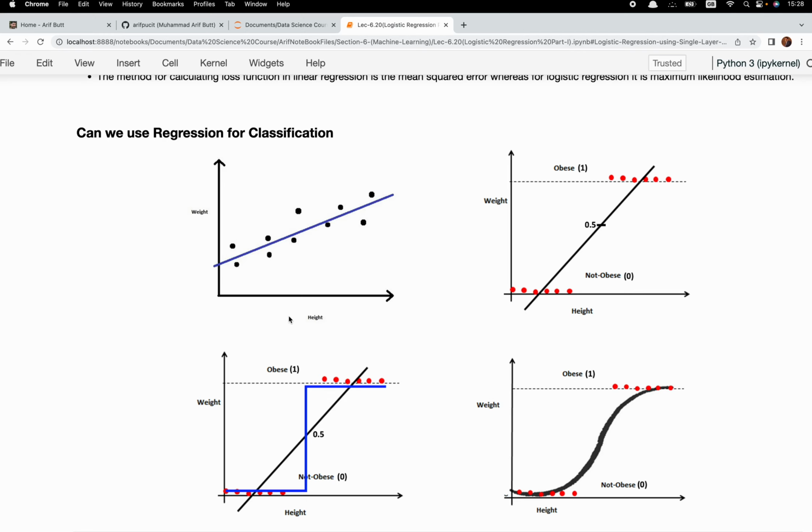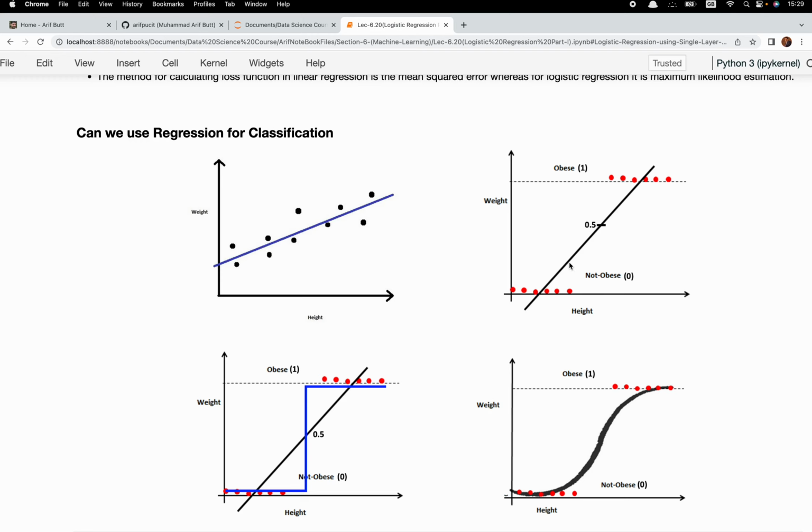The height is the input feature or independent variable, and weight is the output feature, rather output label or dependent variable. And we need to predict the weight of a person given his or her height. So this is a simple linear regression problem where we draw the best fit line as shown in this graph. We have done this in all our previous sessions.